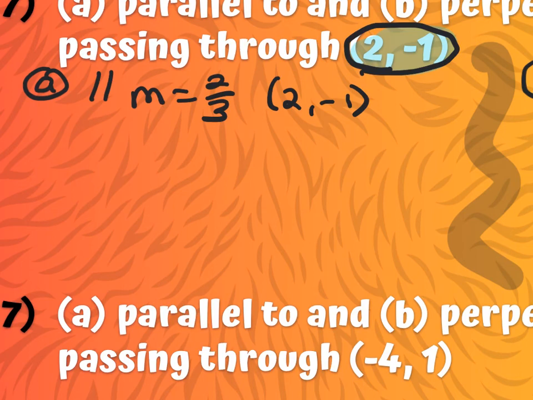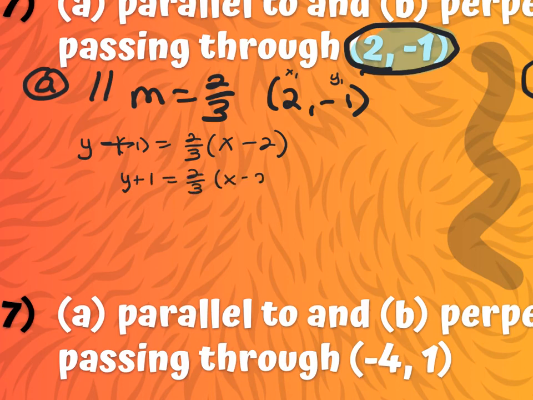So again, I'm going to use point slope this time, which is x1, y1. y minus the negative 1 equals 2/3 times x minus the x1, which is 2. This becomes y plus 1 equals 2/3 times x minus 2. Distribute the 2/3.